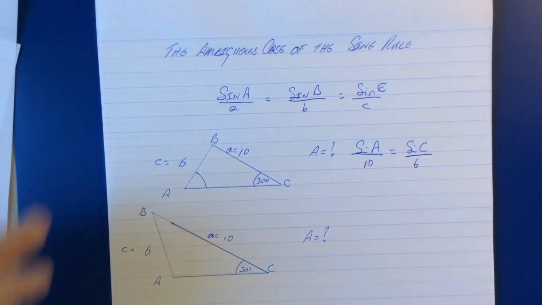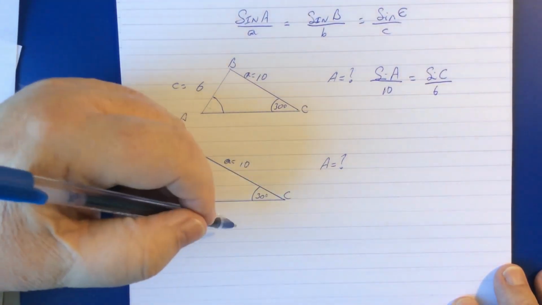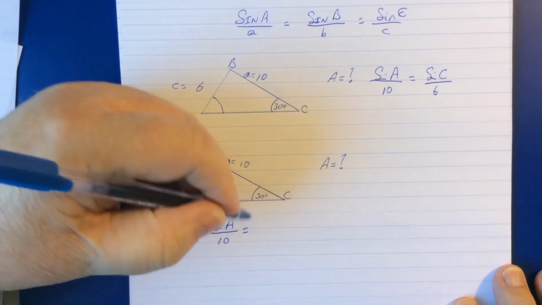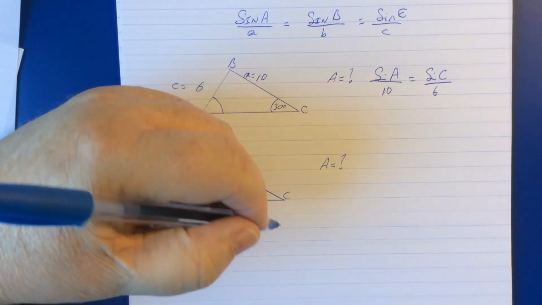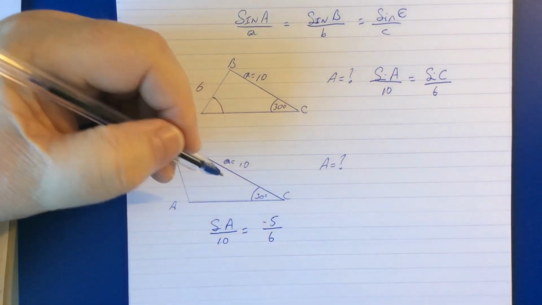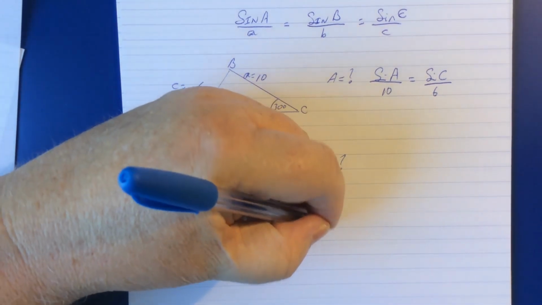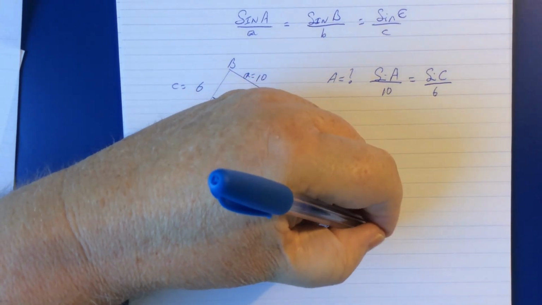We'll keep this on one page if we can. So the sine of A over 10 is equal to, now the sine of C is 0.5. Sine of 30 degrees is 0.5. 0.5 over 6. Okay, rearranging this, the sine of A is equal to 10 times 0.5 over 6.